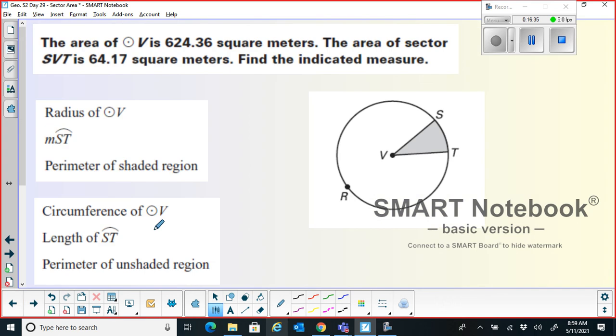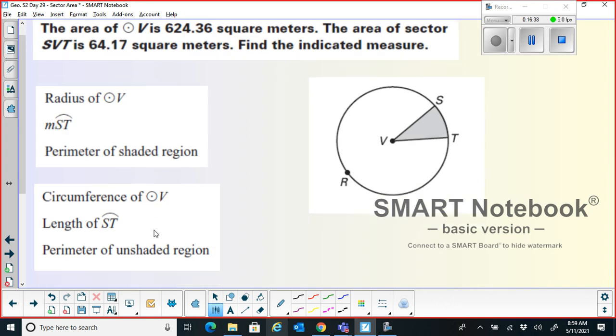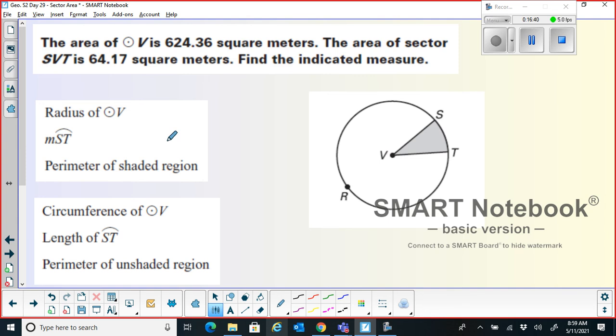Okay. Same way now, I want you all to try this particular problem. They have given you the area of circle. The area of sector also has been given to us. Find the indicated measure.